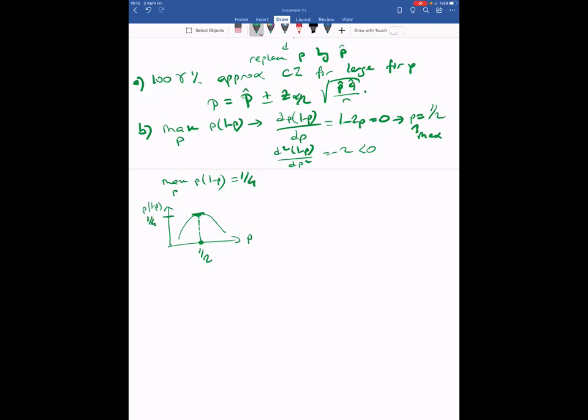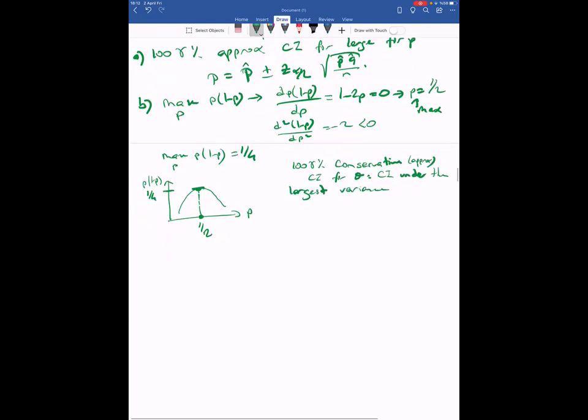Then under this condition, the 100(1 - delta) percent conservative and approximate confidence interval for theta. So basically this will be the confidence interval under the largest variance.